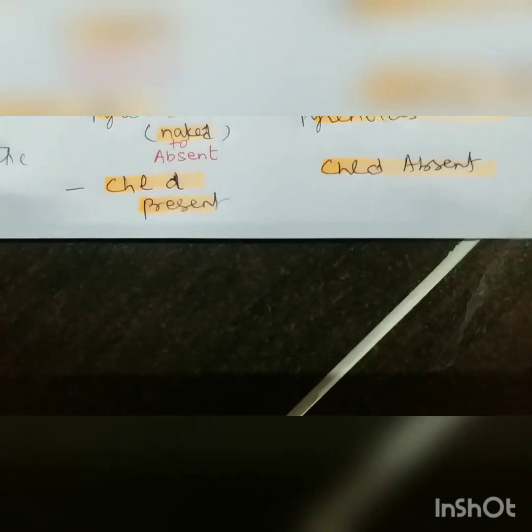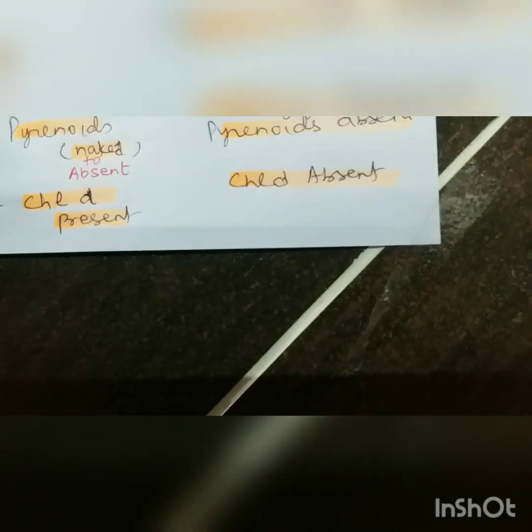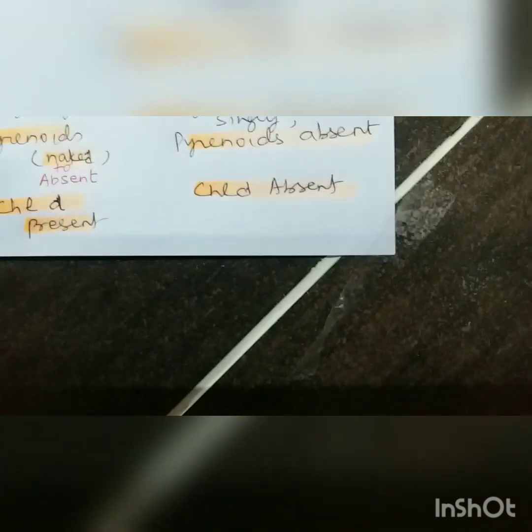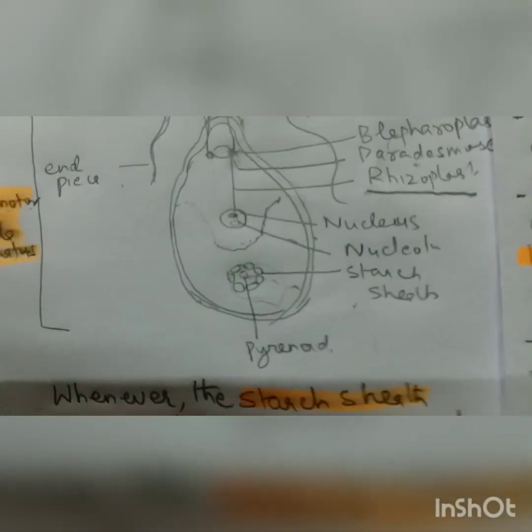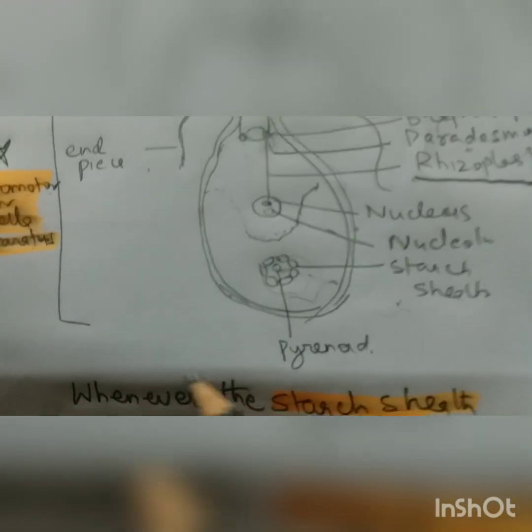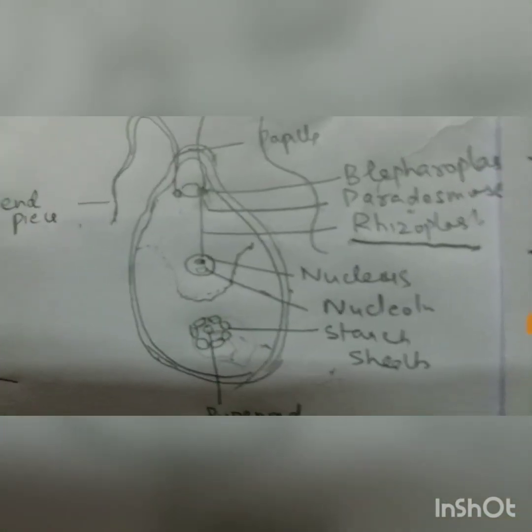And then, last, chlorophyll d is present in Rhodophyceae, whereas absent in Cyanophyceae. I also again tell you that pyrenoids are a characteristic feature of Chlorophyceae, and these pyrenoids are surrounded by a starch sheath.